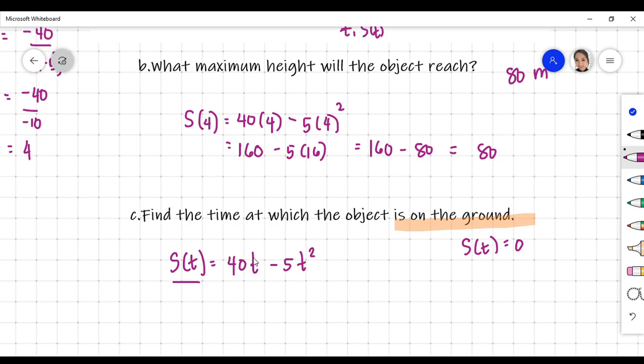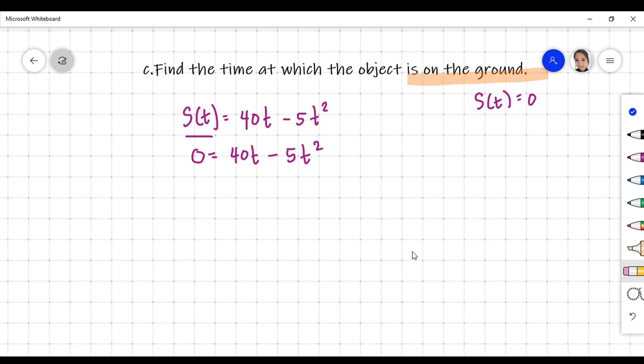So since it's on the ground, our s of t is 0. Okay, so 0 equals 40t minus 5t squared. So the equation is a quadratic equation. If you write it in the standard form, that is negative 5t squared plus 40t equals 0.